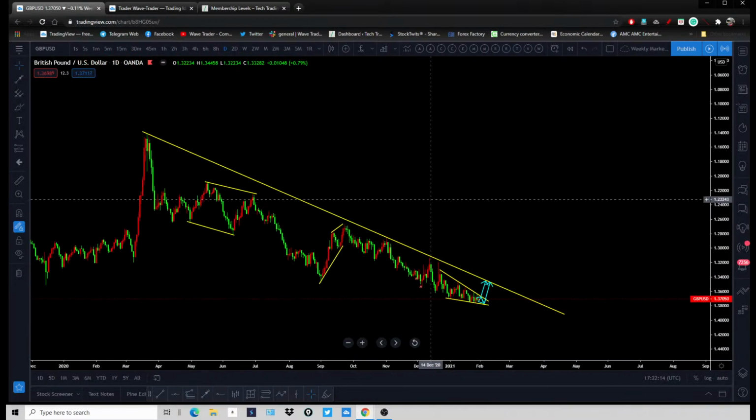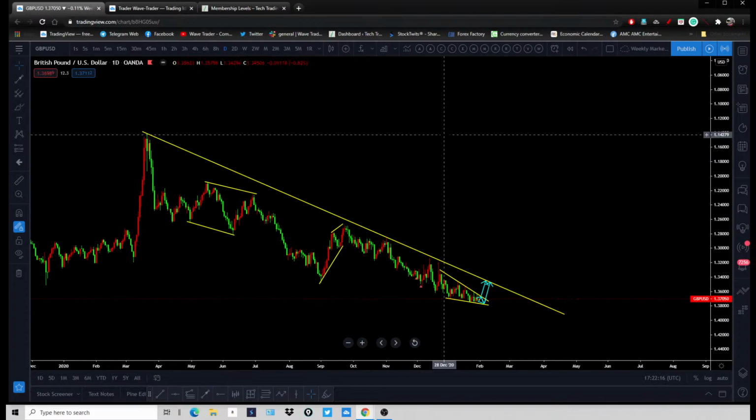If I put my dollar CAD chart next to this chart, dollar CAD was a buy from the floor. Pound dollar is also a buy from the floor, the same trade on both charts.